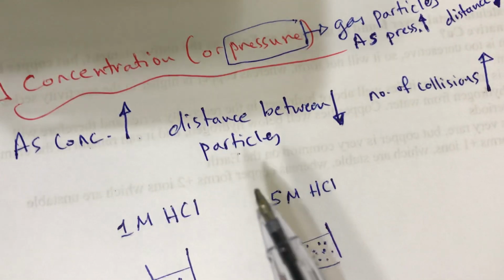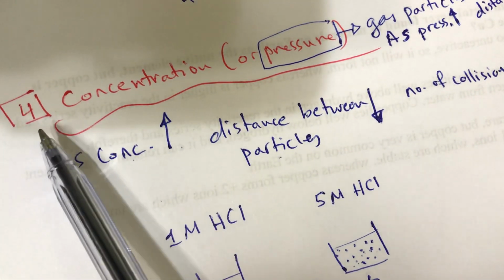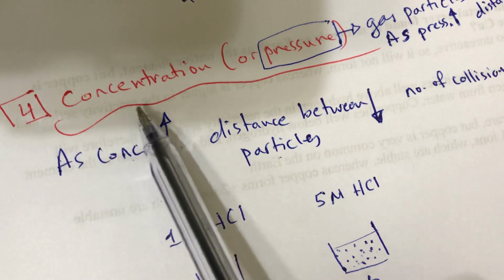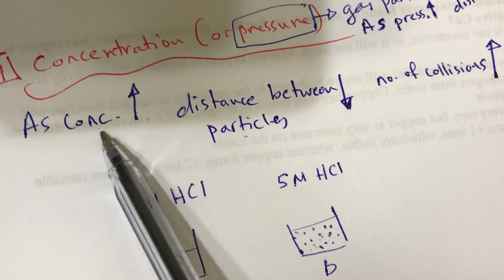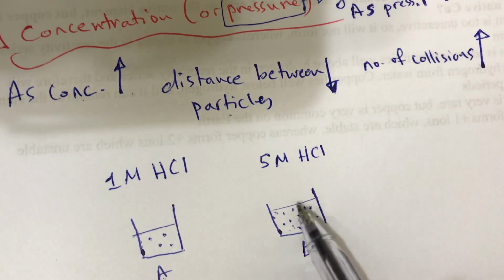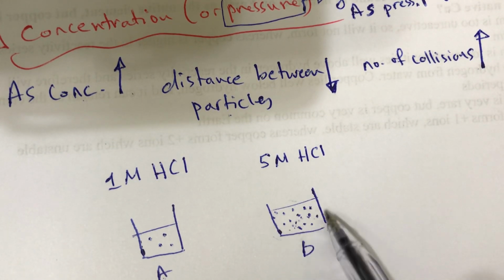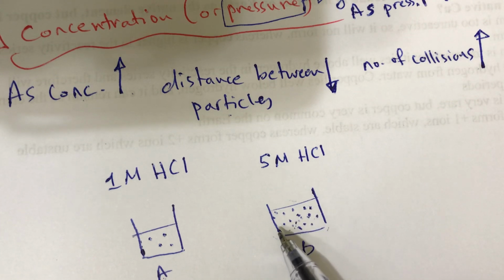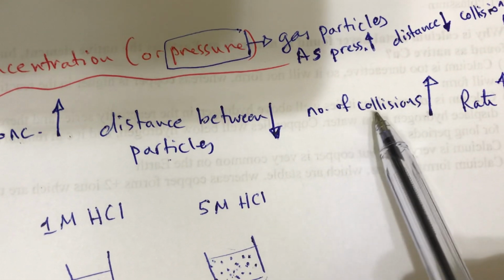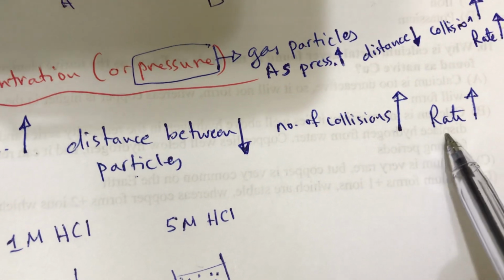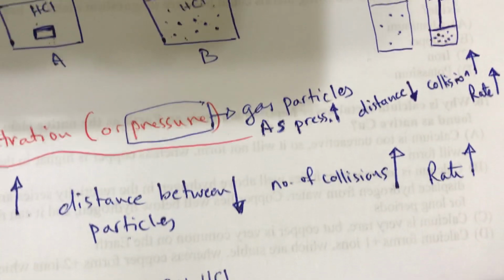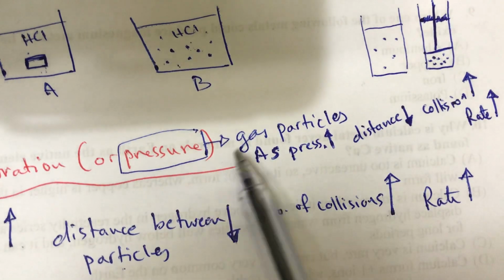So again, according to the fourth factor, it's concentration. As concentration increases, number of particles increases and the distance between them decreases, so number of collisions between them increases, so the rate of reactions increases. Now what about pressure?